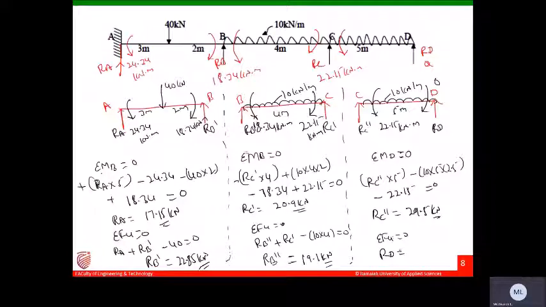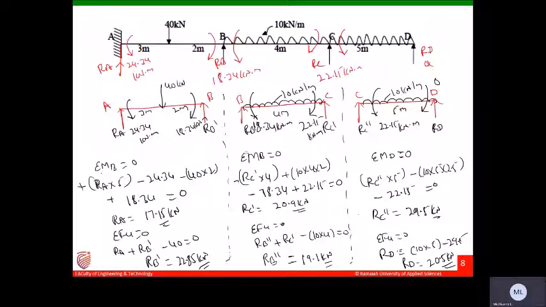This will be RD that equals to 10 into 5 minus of 29.5. RD equals to 20.5 kilonewtons. So this is RD. This is how we need to calculate the support reactions.